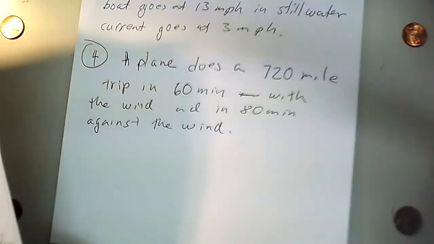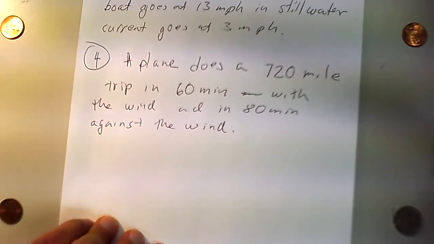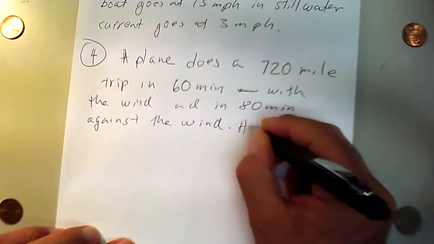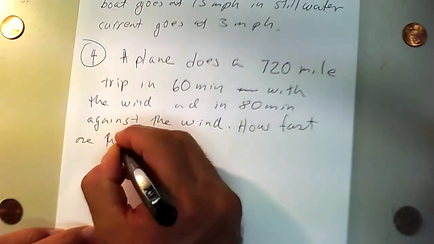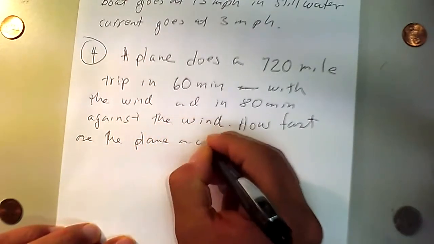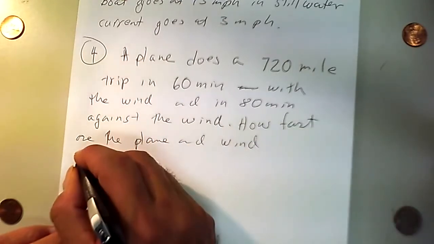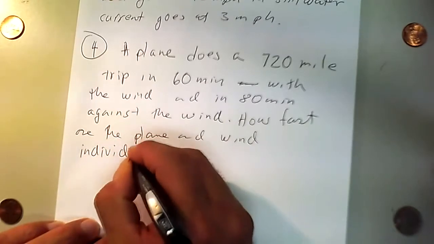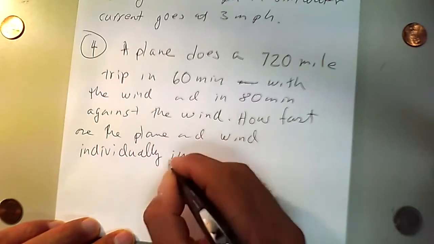So the question is, how fast is the plane going, and how fast is the wind? How fast are the plane and wind individually, in miles per hour?